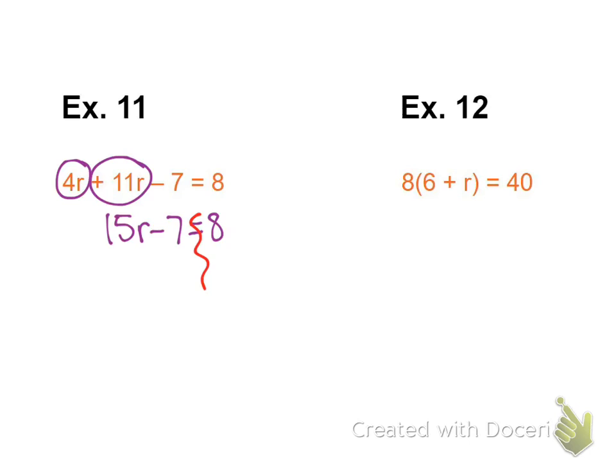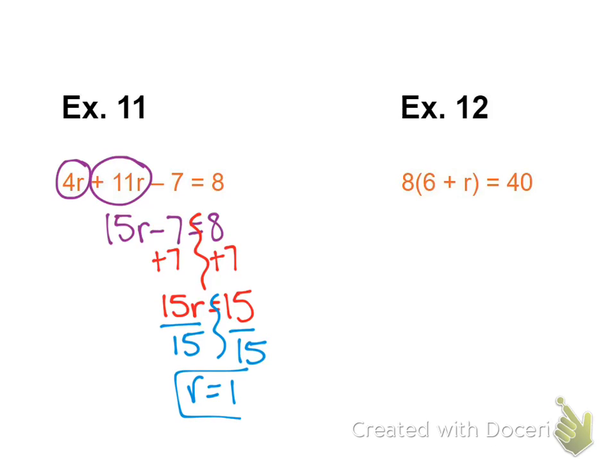So now we're ready to do things to both sides of our equation. So the first thing we would do is add 7 to both sides. 15R equals 15. Now what? Divide both sides by 15. And what do we get for R? R equals 1. Questions about number 11?